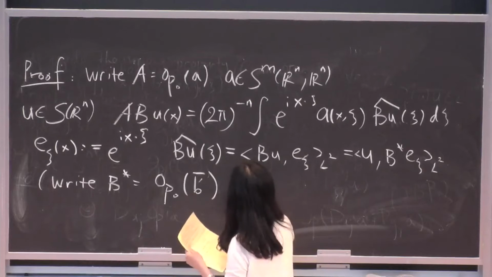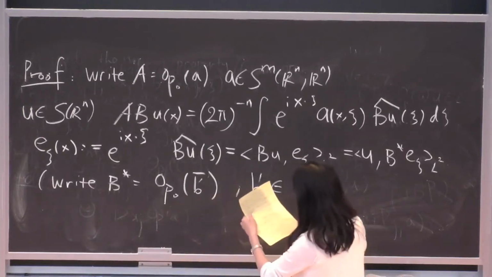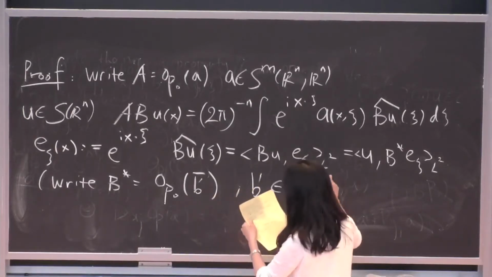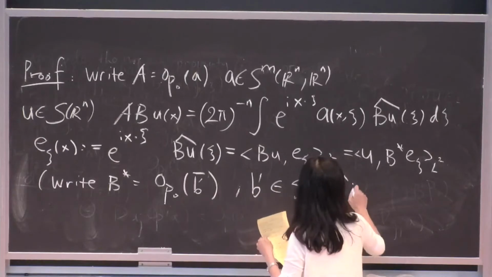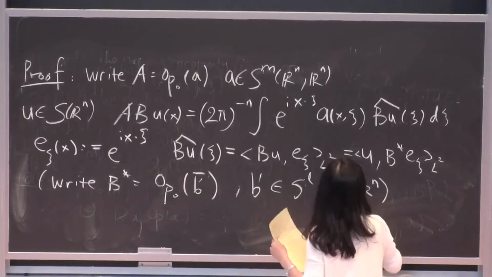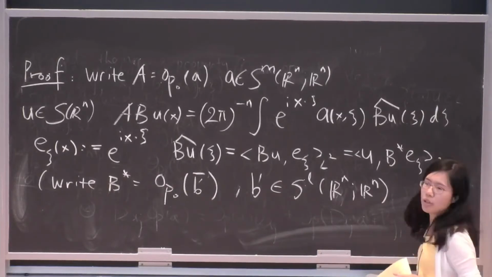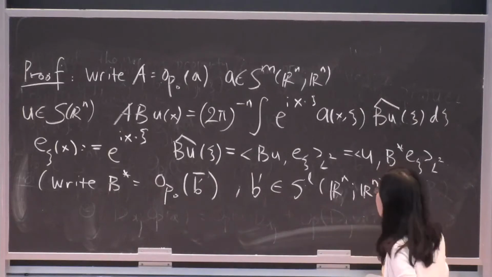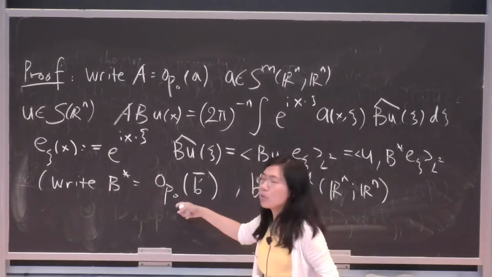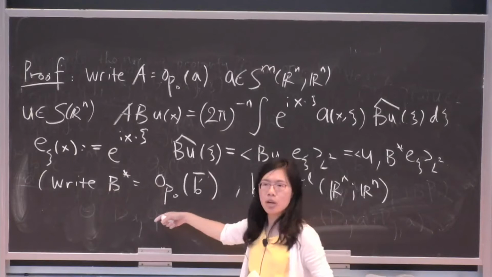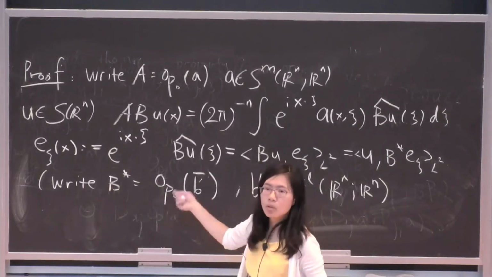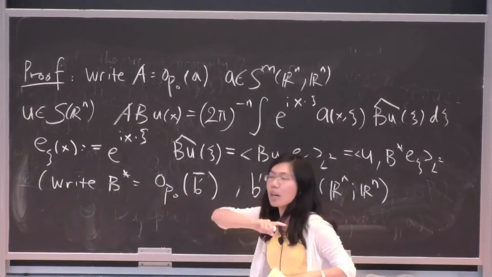So I know that b-prime is in the same order. So far, everything really just follows the definition of the Fourier transform. And here we're again using the theorem that any pseudo-differential operator can be written with a y-independent symbol, and this time I'm applying it to B*.